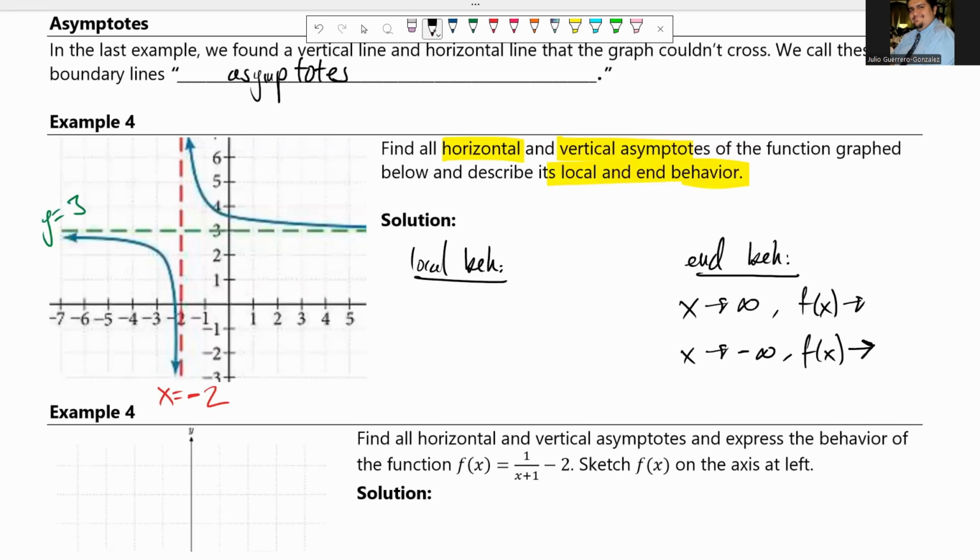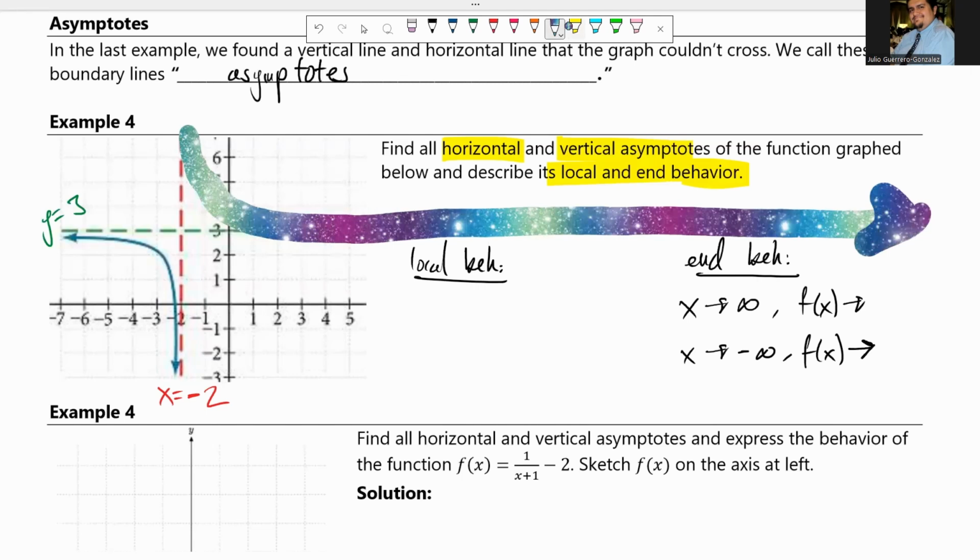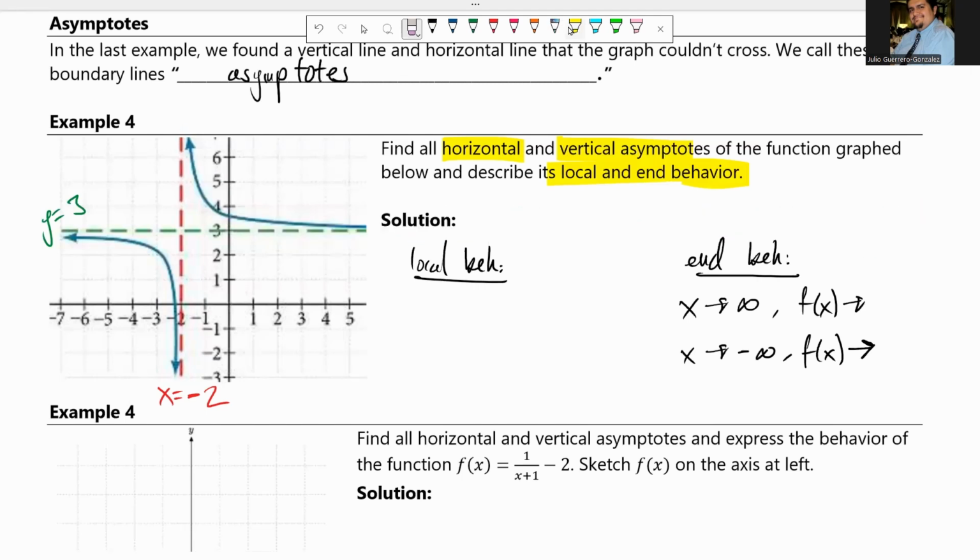Hopefully you see this end, as it just keeps going that way, gets closer and closer to y equal 3, and it does the same thing on the other end as well. What we're saying here is as x gets really big, either positive or negative infinity, my y values are getting closer to y equal 3.